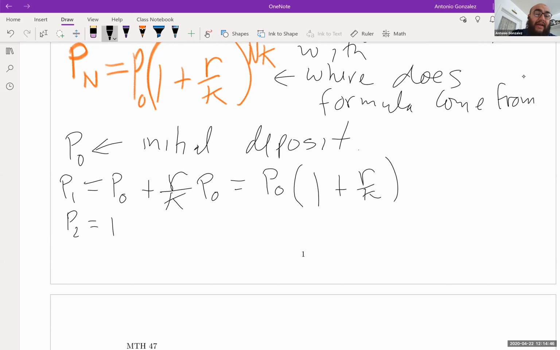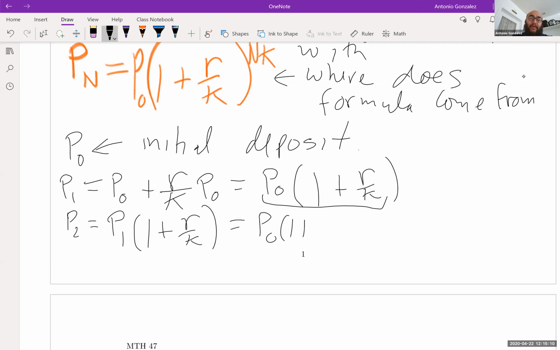Well, that would depend on the previous one times this same quantity, 1 plus R over K, because now you're earning more interest on what you started with after that first compounding period plus that interest. Now, if we back substitute, P1 is equal to this quantity. So that's P0 times 1 plus R over K times 1 plus R over K, and we get P0 times 1 plus R over K squared.